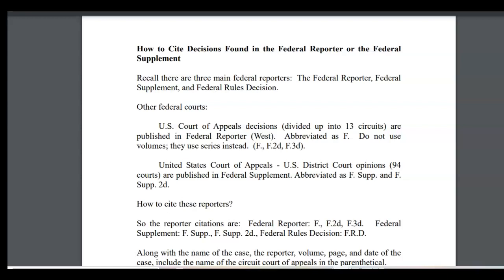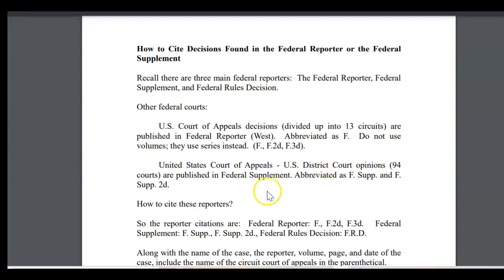First, let's work on our memorization. Remember, the reporter citations for the federal reporters: you have the F, uppercase, period, or the F period 2d for the second series, or the F period 3d for the third series.